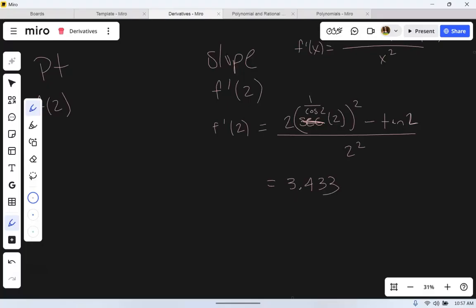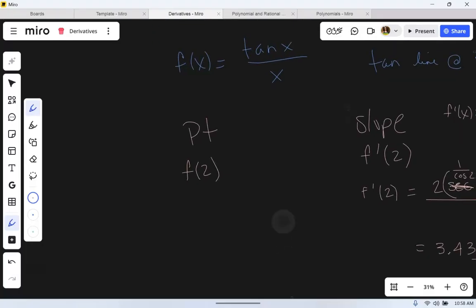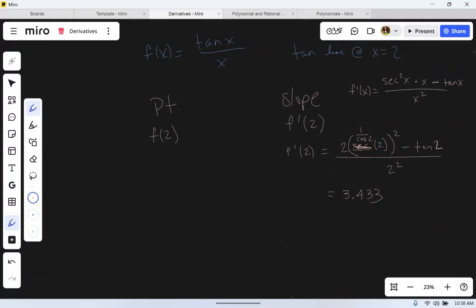I'm ready. Okay. I still have not written the equation. I've got to find f of 2, all that work. So f of 2 is tangent 2 divided by 2. Use your calculator again. What is tangent 2 divided by 2? You should get 1.093. Write the equation of the line.